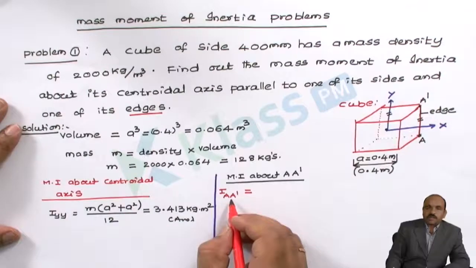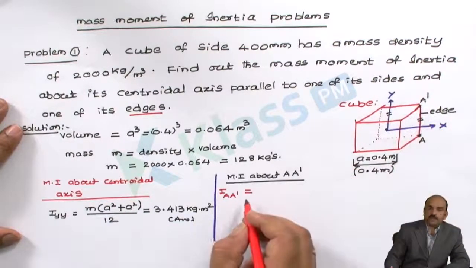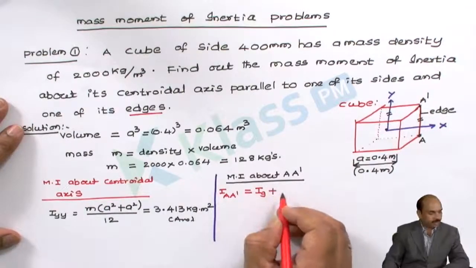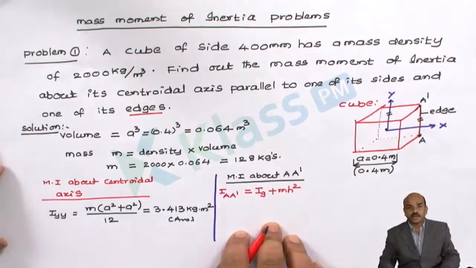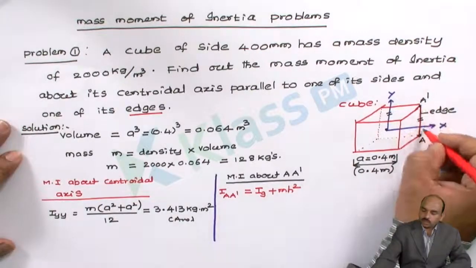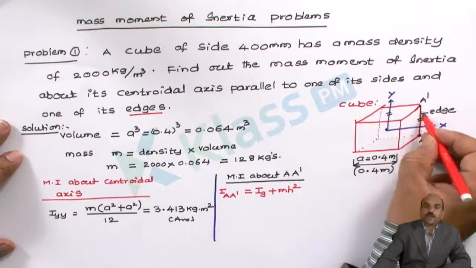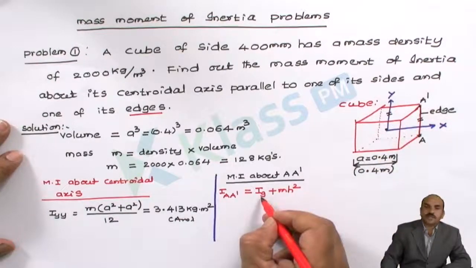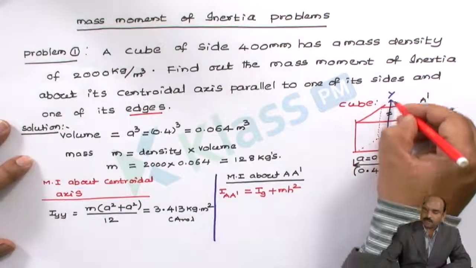So according to the parallel axis theorem, the moment of inertia about edge A dash can be written as the moment of inertia about its center plus its mass into h square, where h is the distance. The moment of inertia about the centroid is nothing but IG, or I yy, the centroidal y axis, as we can see in the diagram.